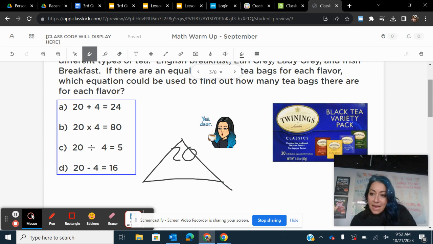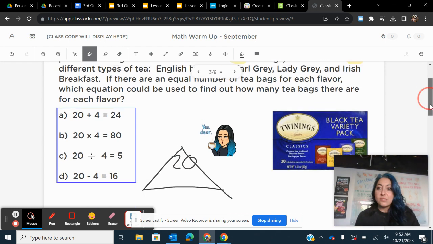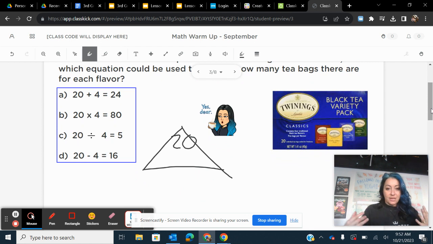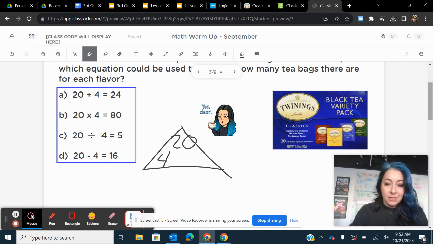And it contained 4 different types of tea, so 4. Then there's an equal number, so it's like 4 groups, one for each flavor. So 4 is going to be over here. Then I am looking for E, to find out how many are in each group.